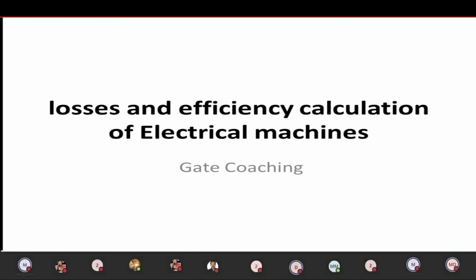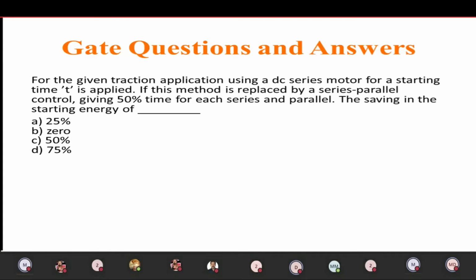So we call it copper loss. Otherwise, it is called I squared R loss, and it is a variable loss too. Once we reduce the losses, we can increase the efficiency of the machine.